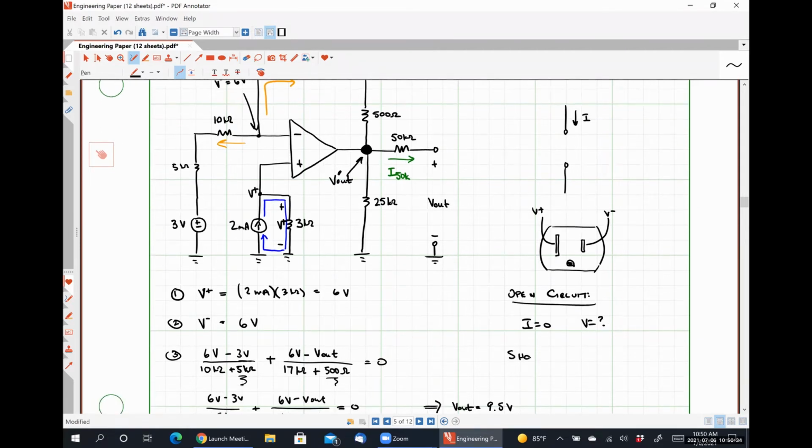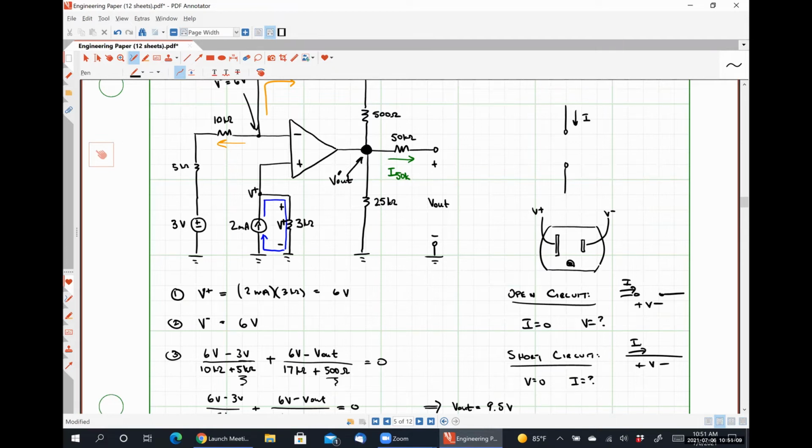For a short circuit, V is equal to 0. And the current is whatever it needs to be. So let me define things here. Here's V, here's I, here's V, here's I.